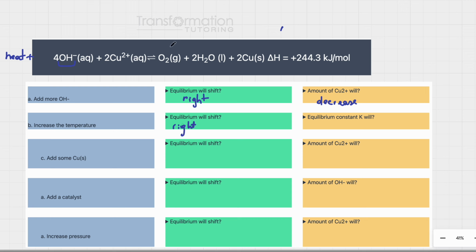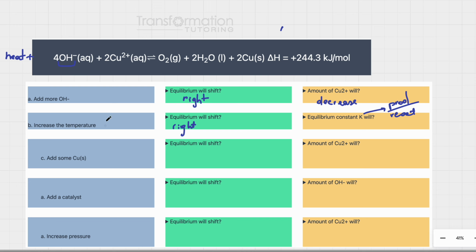And when I shift to the right, the next question is about equilibrium constant. So this is a really tricky question. What is equilibrium constant? Remember, when we write equilibrium constant, it's products over reactants to their coefficient. So equilibrium constant is products over reactants. And by the way, equilibrium constant will only change due to temperature, so other things will not affect it.